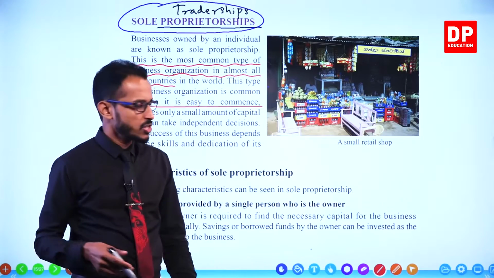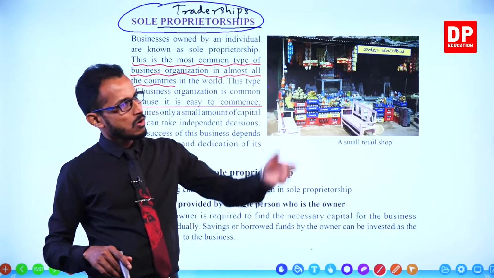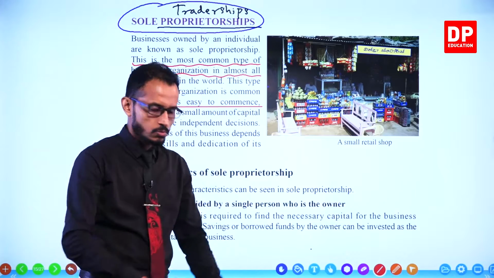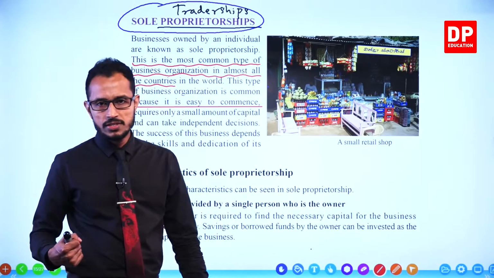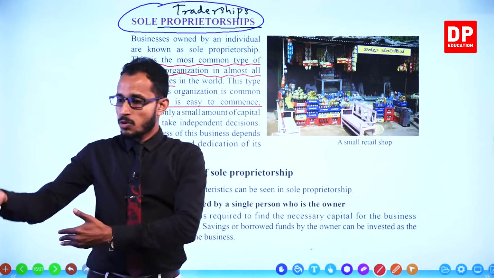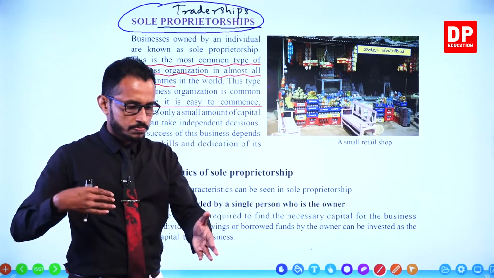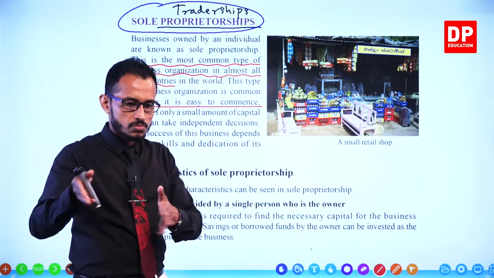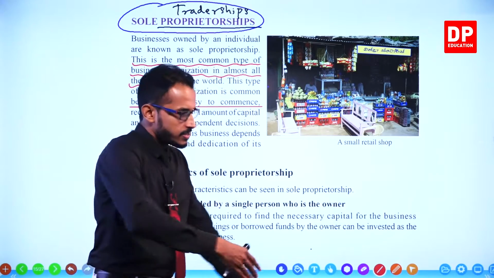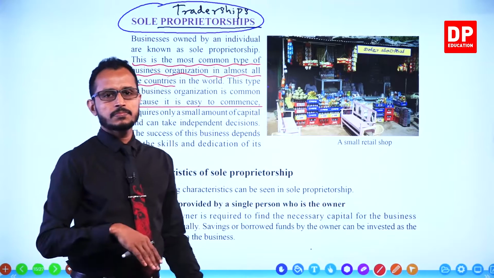You can just go and climb a tree, put some king coconuts down, buy them for 30, load them onto a trishaw or a small lorry and take them to the streets.